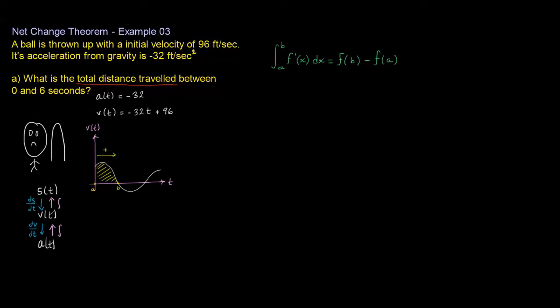Now for the next interval, B and C, the velocity is negative, so the area will be negative, and the object is moving to the left.